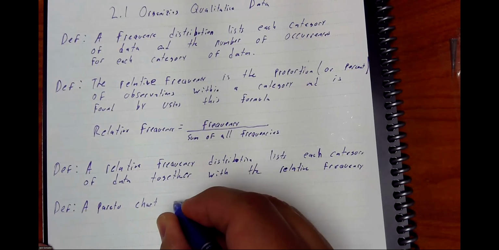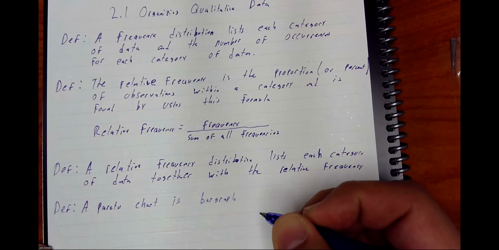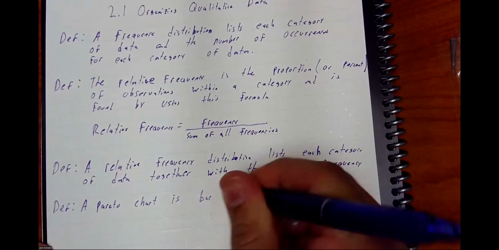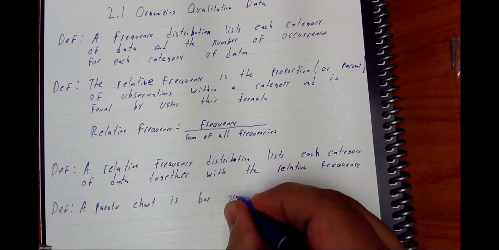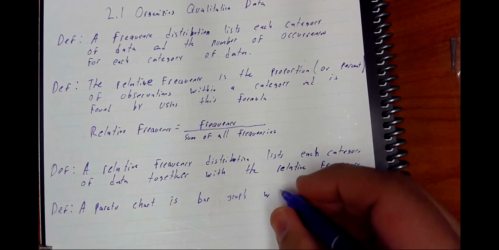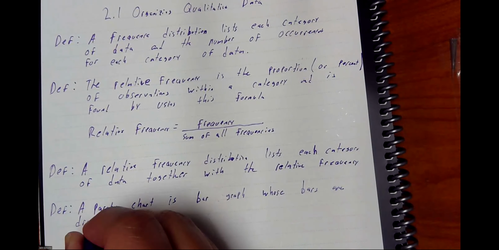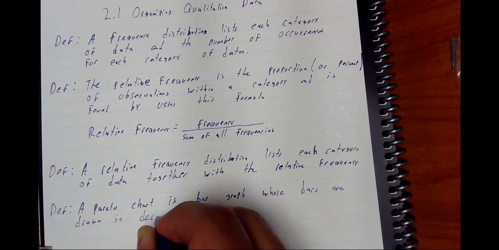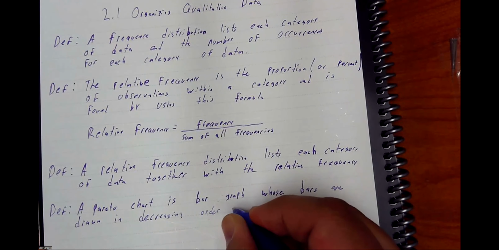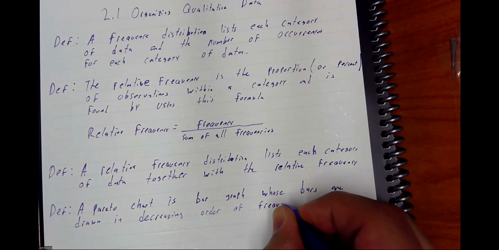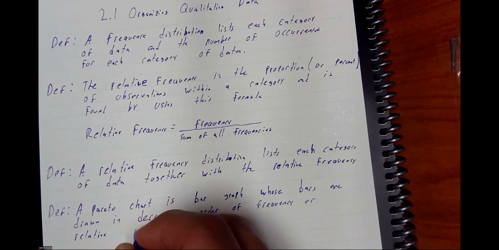A Pareto chart is a bar graph whose bars are drawn in decreasing order of frequency or relative frequency.